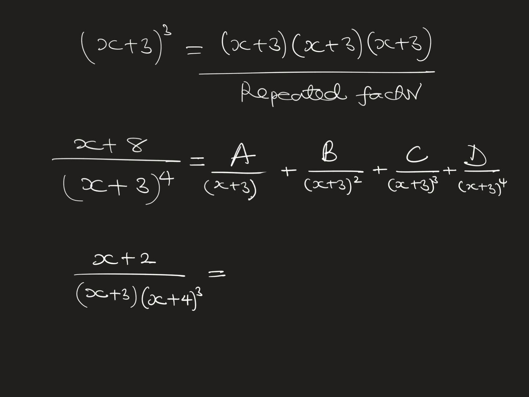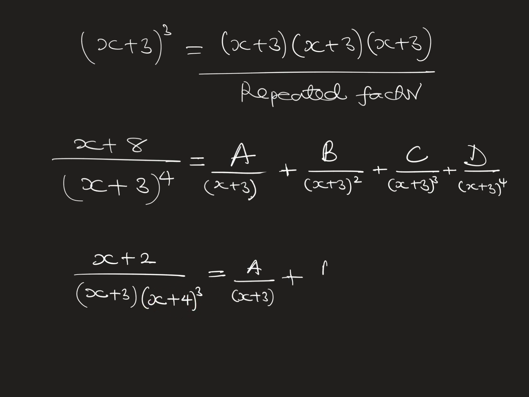It's simple. Since in the denominator we have x + 3 and x + 4, what I will do first is to say A/(x + 3). Then for the x + 4, I can build up the powers.